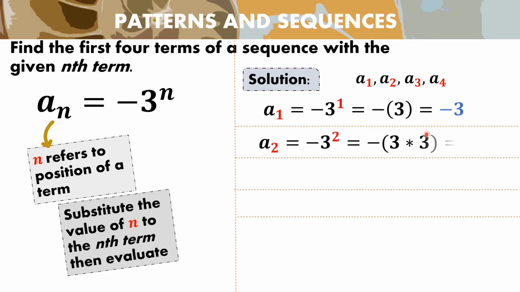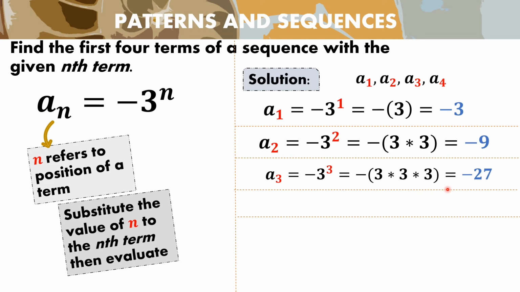Second term, or a sub 2, 2 is the value of n, equals negative 3 squared equals negative quantity 3 times 3 equals negative 9. Third term is negative 3 cubed equals negative times 3 times 3 times 3 equals negative 27.